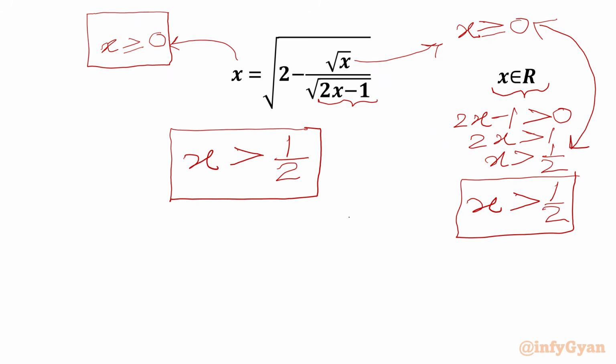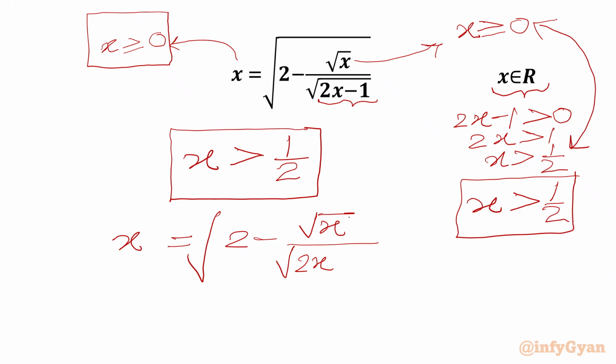Now we will divide numerator and denominator. Let me write the equation here. x equal to square root of 2 minus square root of x over square root of 2x minus 1. Now we will divide numerator and denominator by root x over here. Divided by root x.